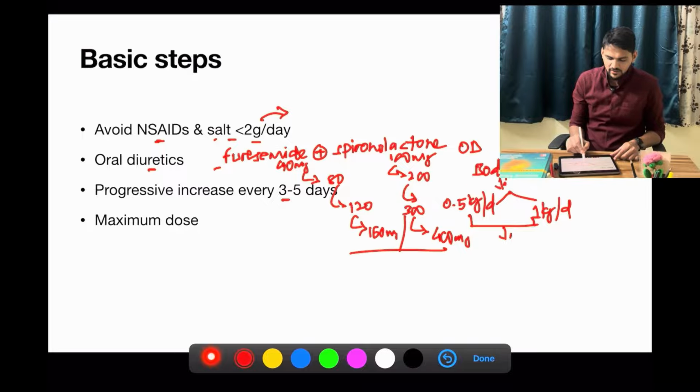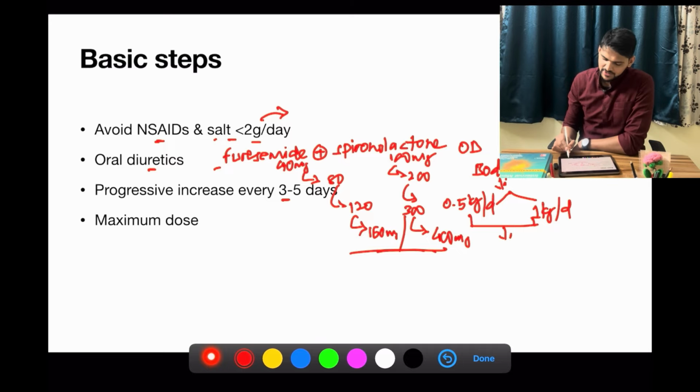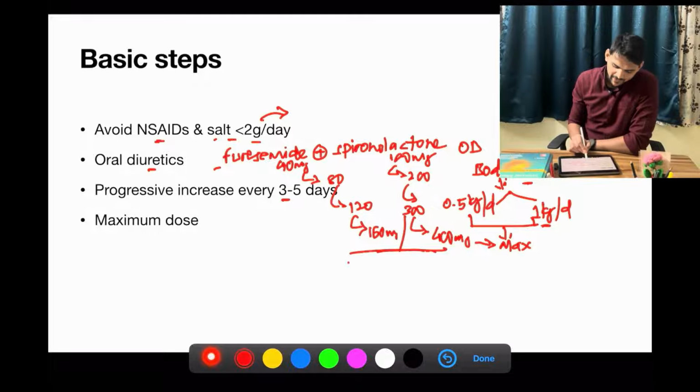So 160 and 400 mg is the maximum dosage of diuretics which we can try. So even with all these things, if the weight is not getting reduced as expected, we call it as refractory ascites. So this is the basic step we have to follow.